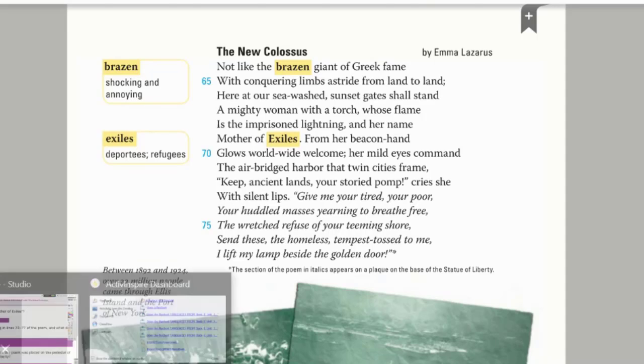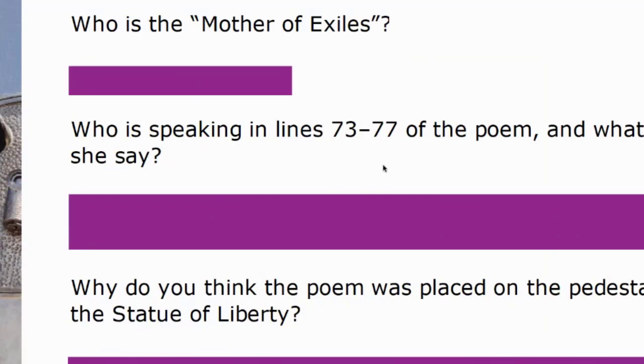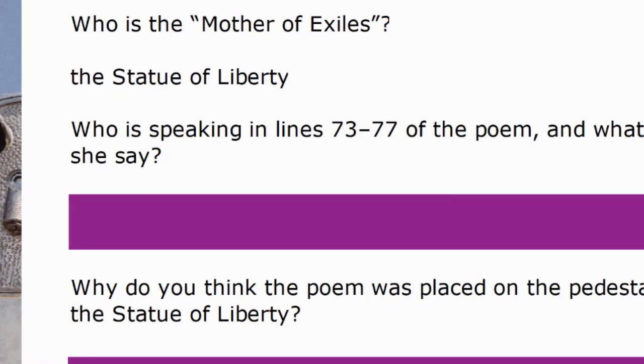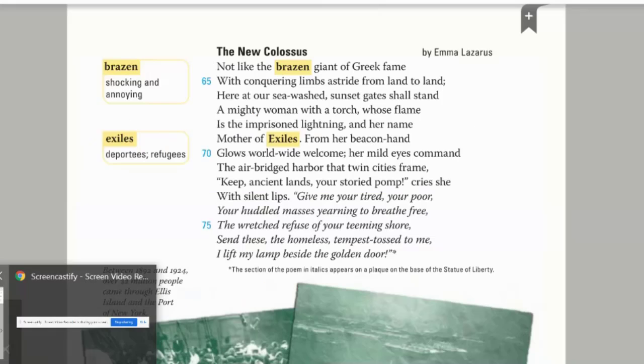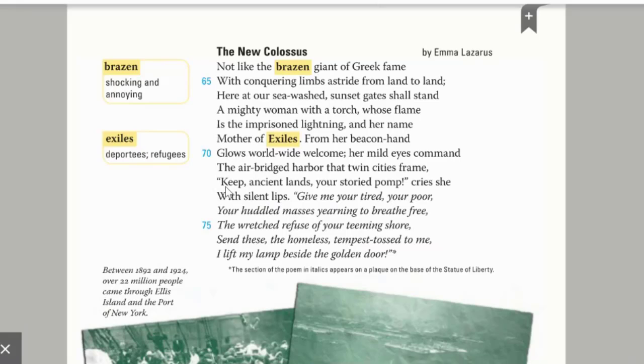Let's check for understanding. Who is the Mother of Exiles? If you said the Statue of Liberty, you are correct. Who is speaking in lines 73 through 77 of the poem, and what does she say? If we go back to the poem, we can look. 73.